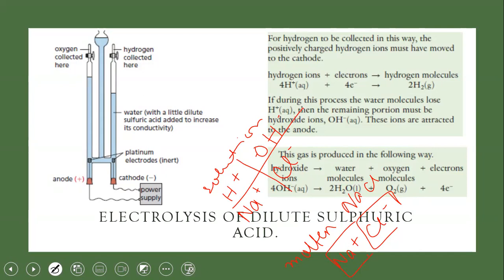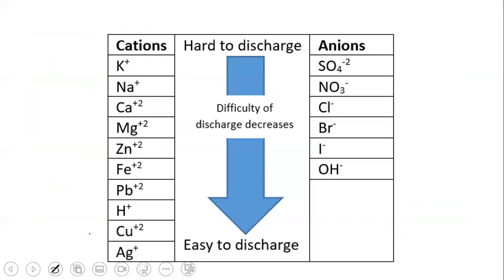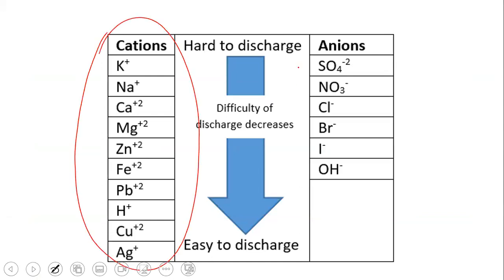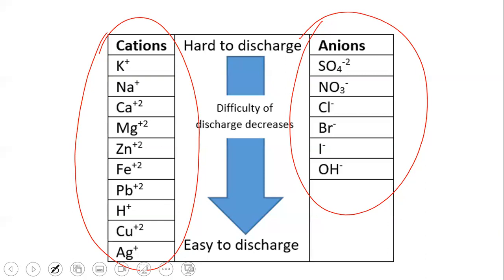Now, the way we normally decide it is this. I think I showed you this last time. We have the reactivity of metals. If you remember, I told you that when we talk about atoms, the reactivity of metal decreases downwards.